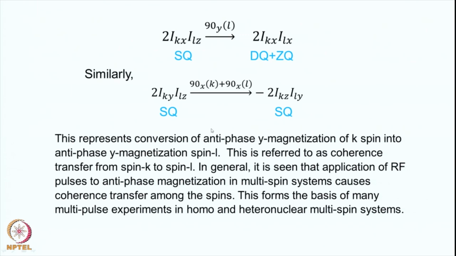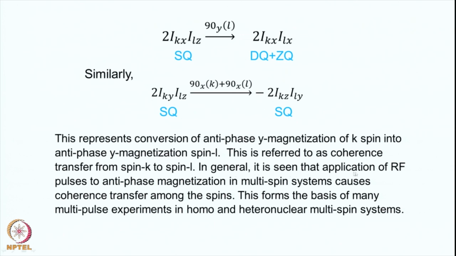So these are important results which will play a very major role in how we calculate the evolution of the density operator through the pulse sequences. So this is referred to as coherence transfer from spin K to spin L.